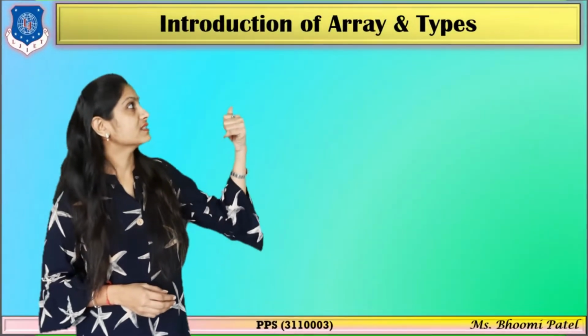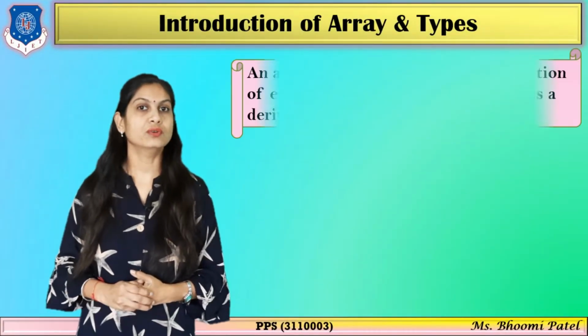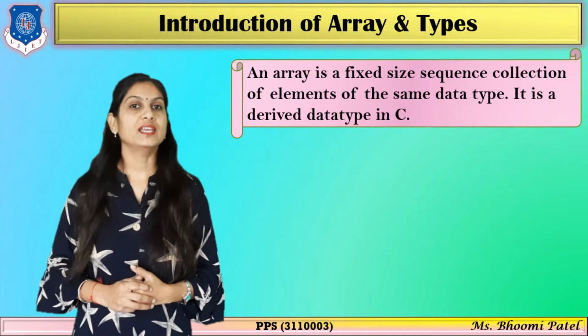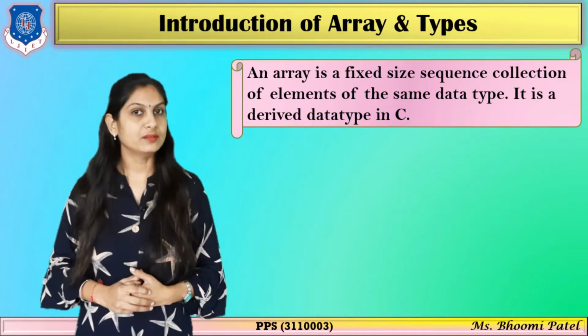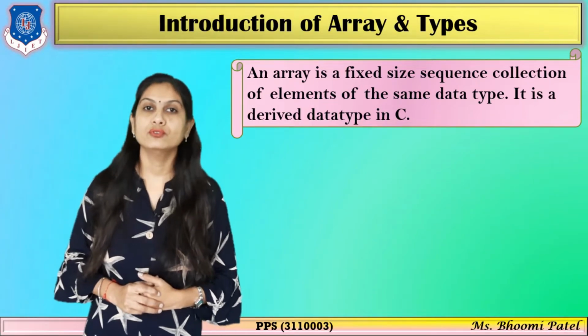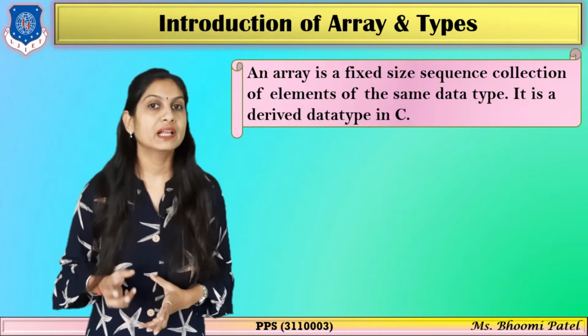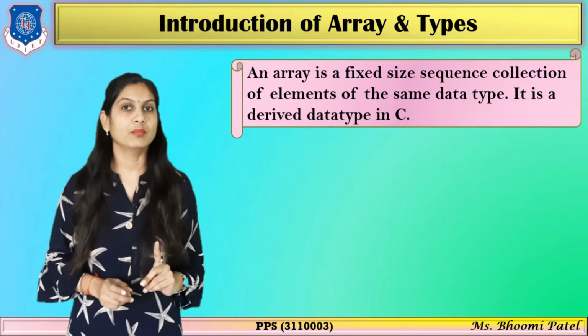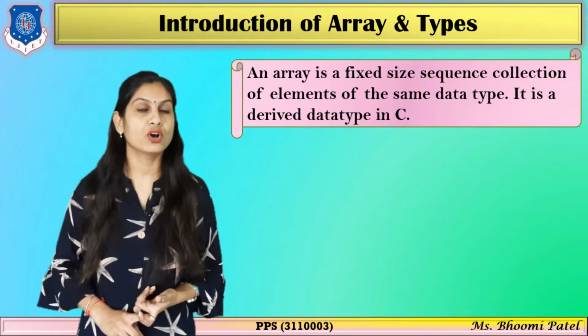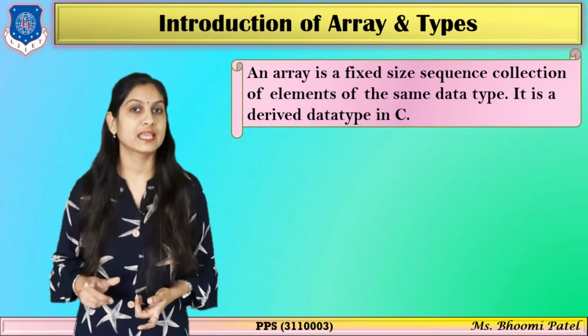Now the first is introduction to array. The definition is, it is a collection of elements with the same data type using a single name. It means you can store multiple values in a single variable name, but all are of the same kind.